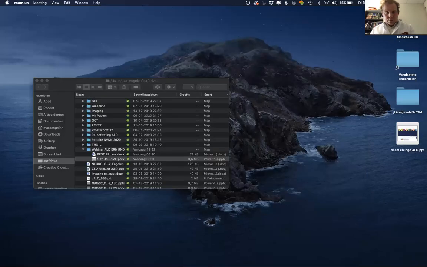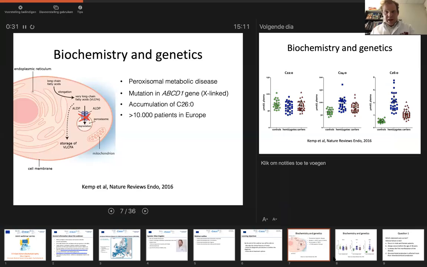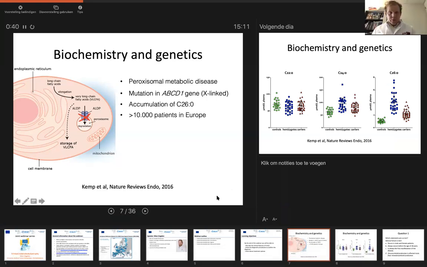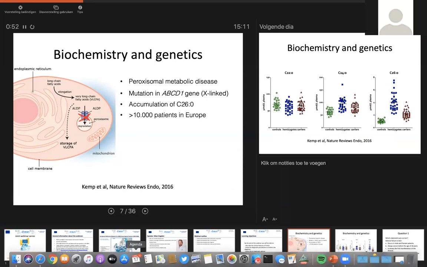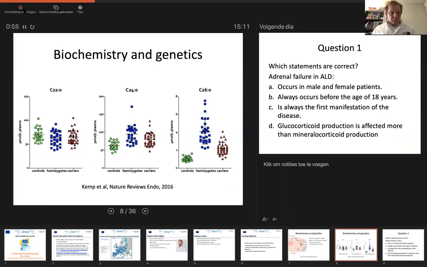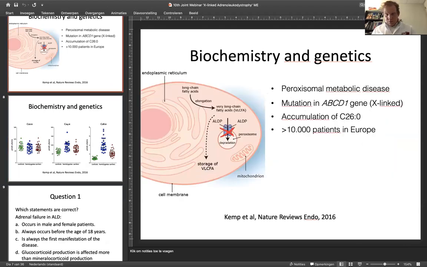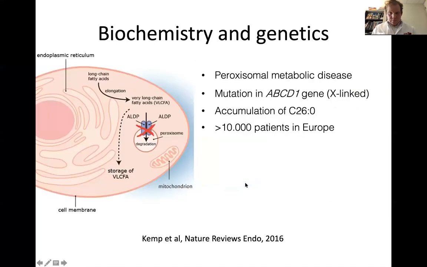Can you see it now? Yes, now I see the first cartoon, and we also see the next slide with the graphs. Got it. How about now? Yeah, now it's great. Thank you.